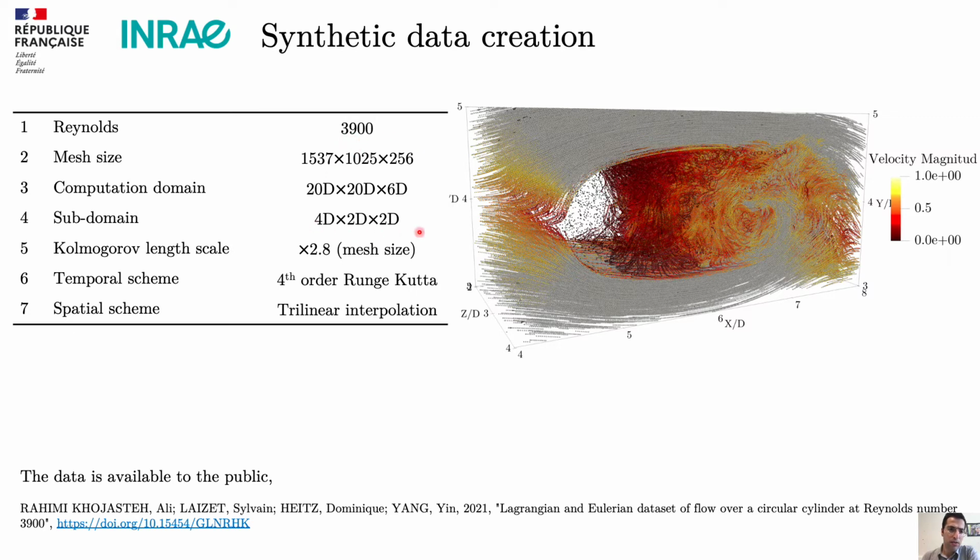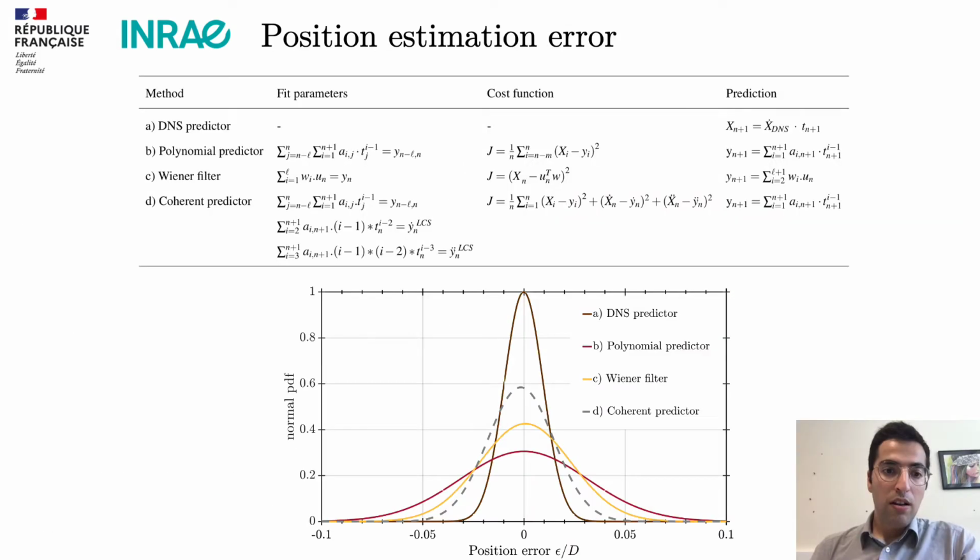We took one subdomain of this simulation, transported 150,000 particles over this region, and then started the comparison. Just to mention that the Eulerian velocity, Eulerian pressure, and Lagrangian trajectories of this data are available at our data link for further studies if you are interested.